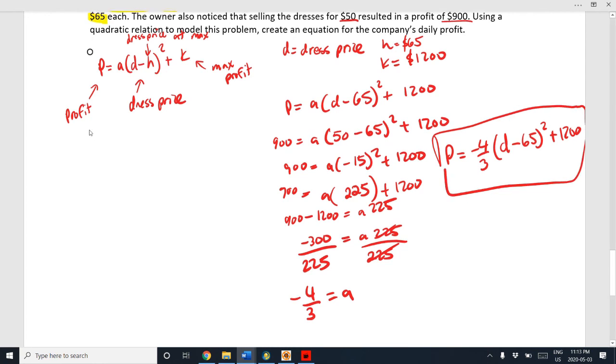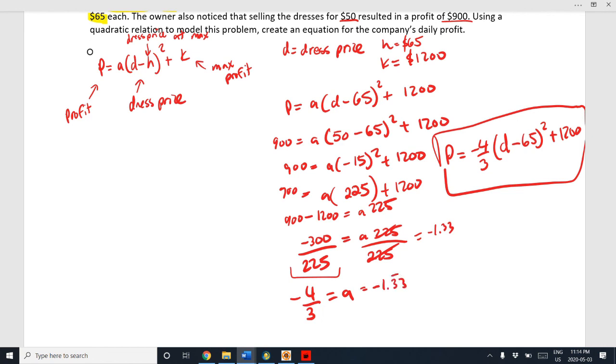And just one tip, if you're having difficulty reducing that, and if you just want to be safe to make sure you don't make mistakes, you could just turn that into a decimal. If you divide negative 300 by 225, that is equal to negative 1.33. So A is equal to negative 1.33.